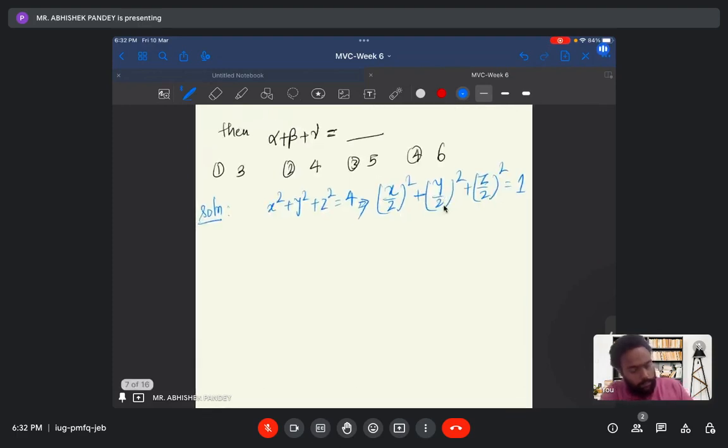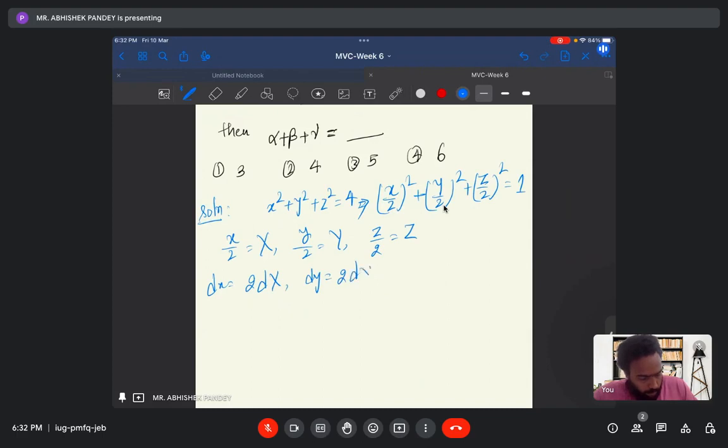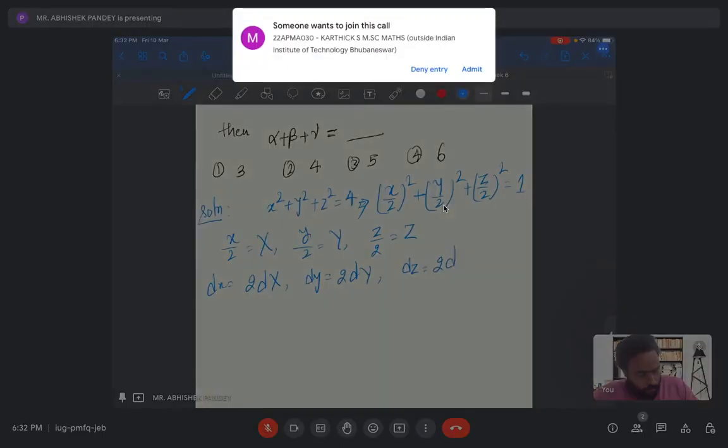Now we replace x by 2 as capital X, y by 2 as capital Y, and z by 2 as capital Z. So dx will become 2 dX, dy will become 2 dY, and dz becomes 2 dZ.